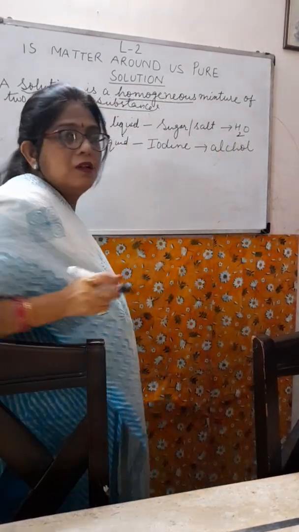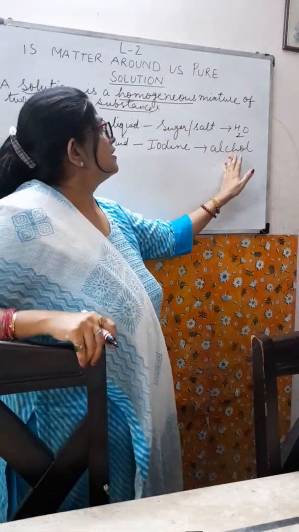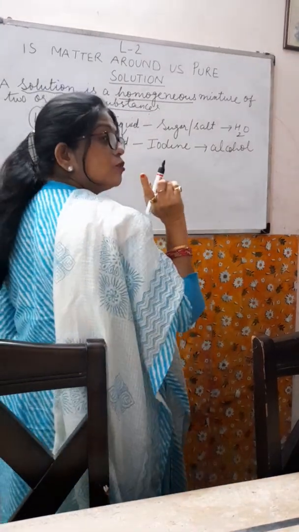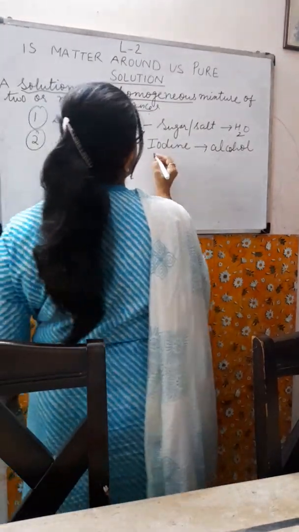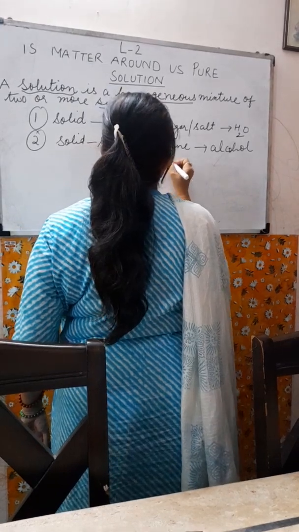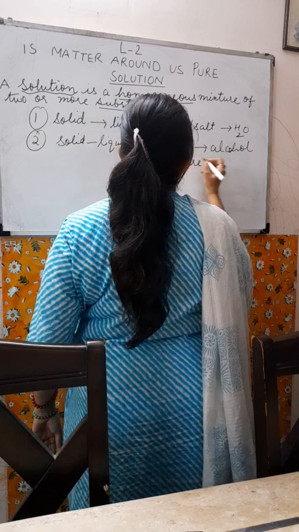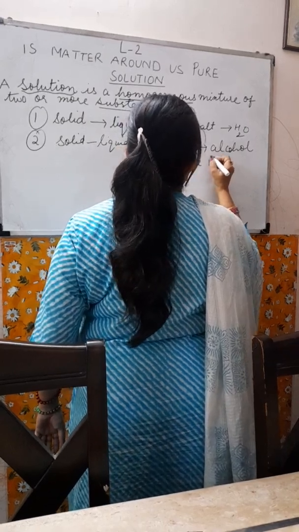Please note it down. Iodine dissolved in alcohol. This is also going to make a liquid solution, and when this whole solution is made, it is also called tincture of iodine.